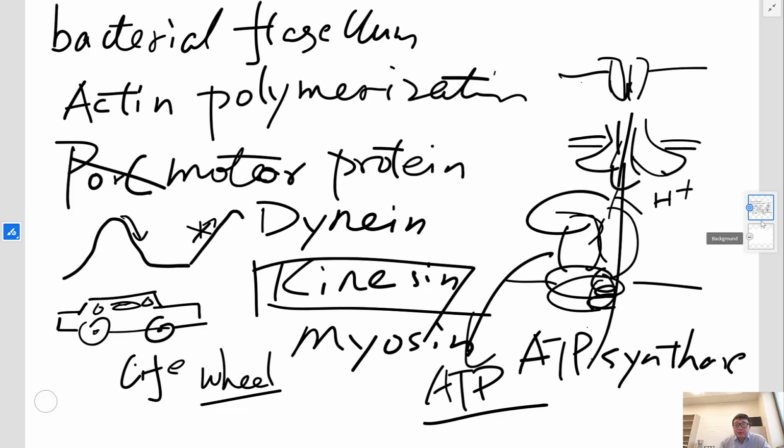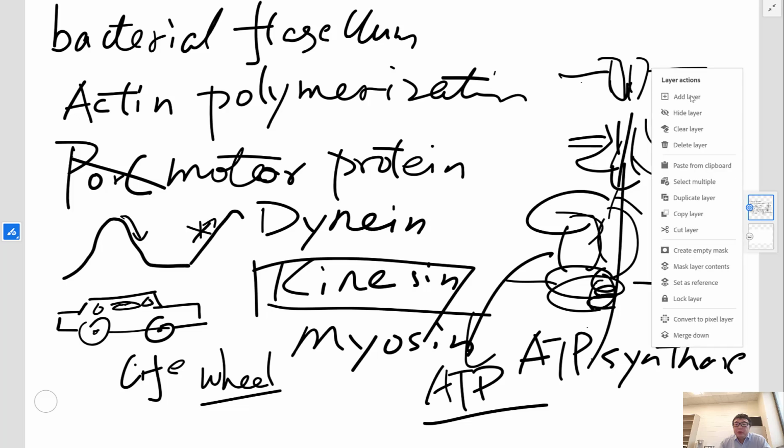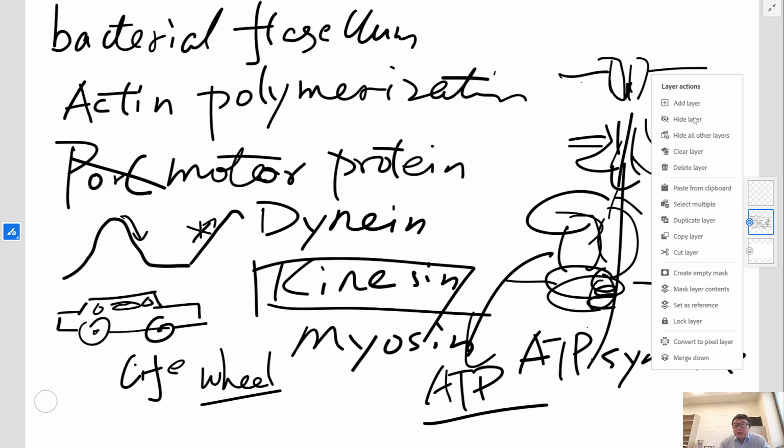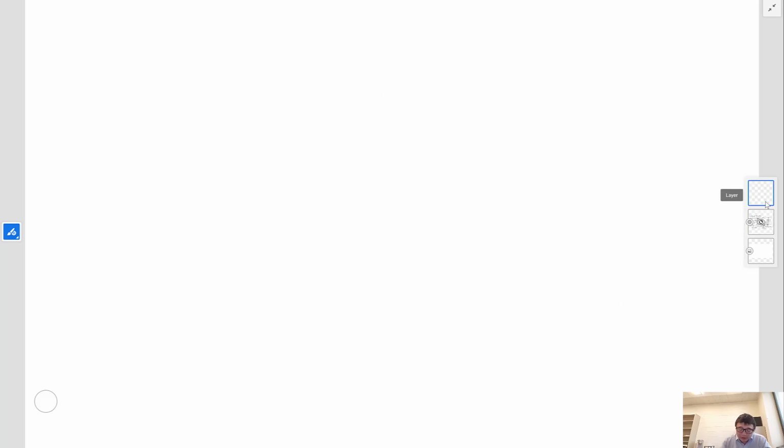Let's go on to talk about why I'm saying this. Rotary motion is found in the first thing, the bacteria flagellum.